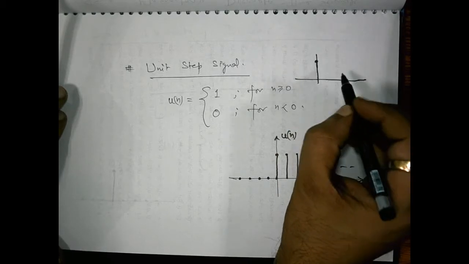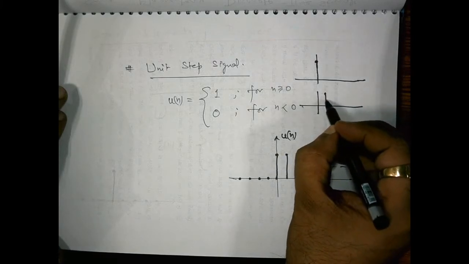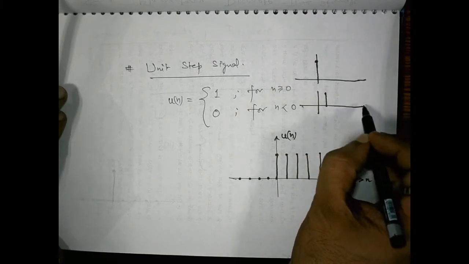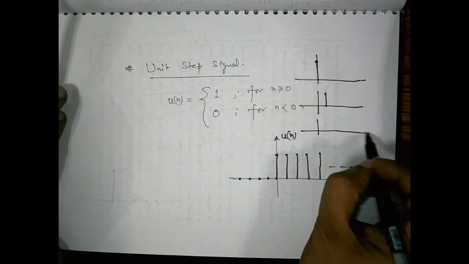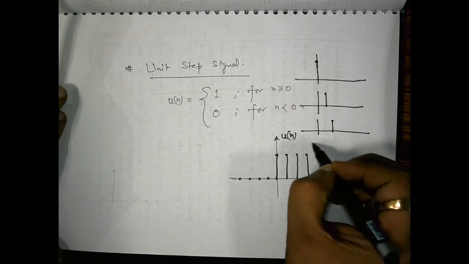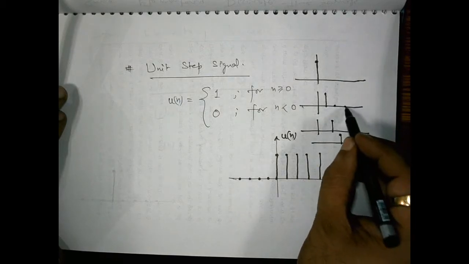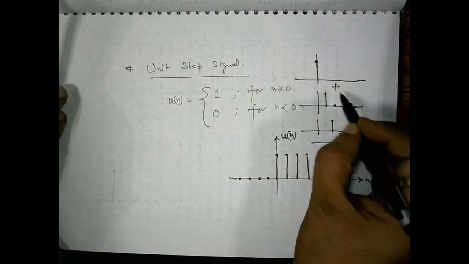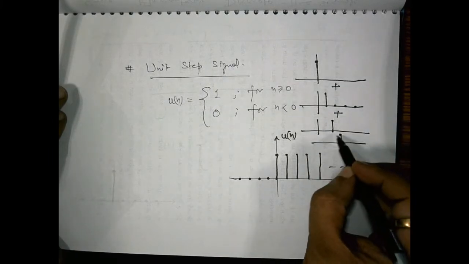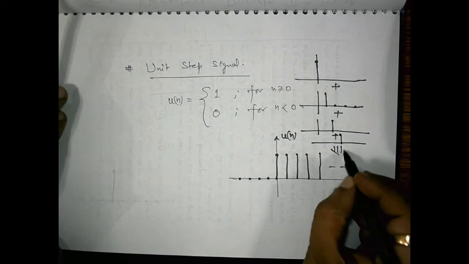Suppose somehow we shift the impulse by 1 unit of time, and then I shift the impulse by 2 units of time, and I shift the impulse by 3 units of time, and so on. And if you simply imagine at this point that I add up all these impulses, what I will obtain is the unit step signal.